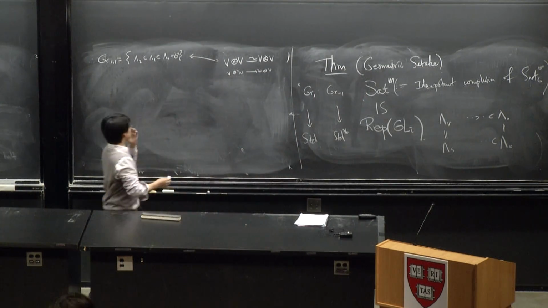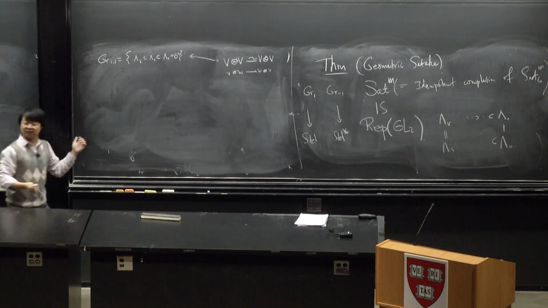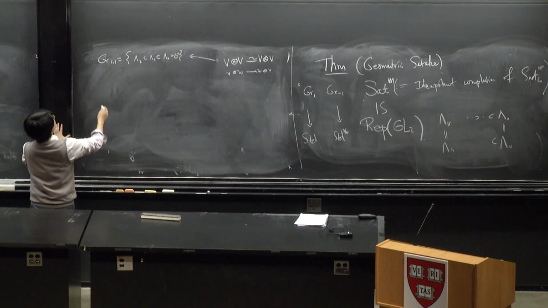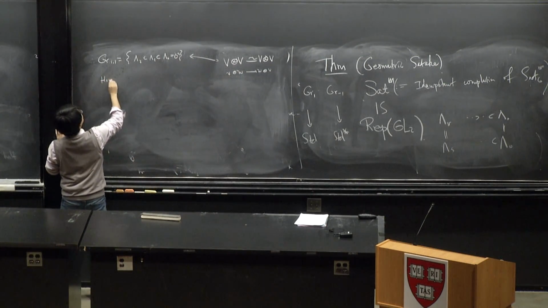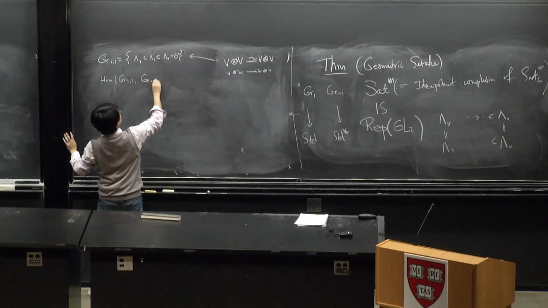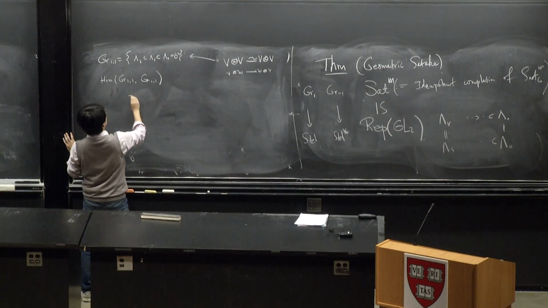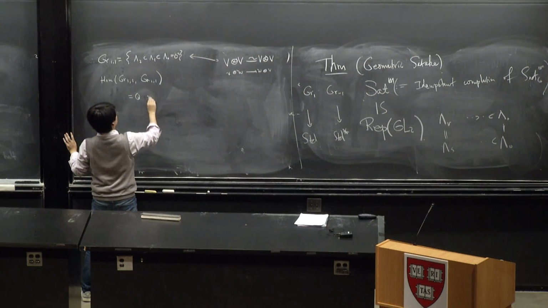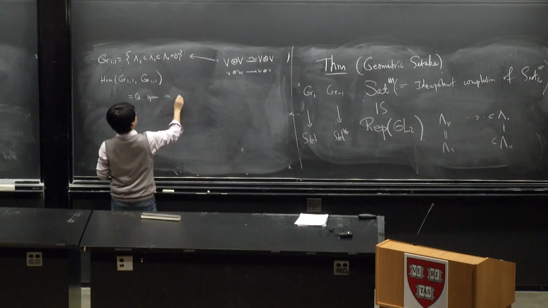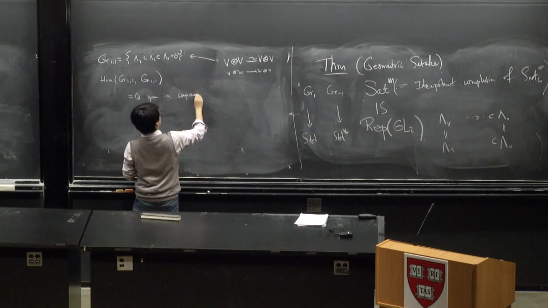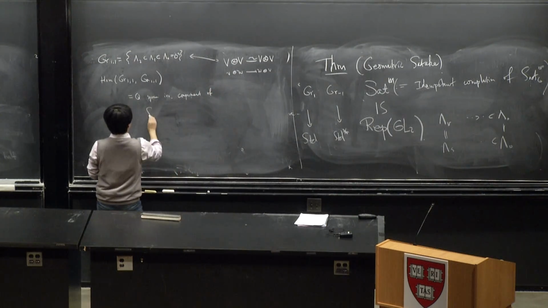of this object in this category. It's not going to be the identity map, because we know here it's not the identity map. So what is it? By definition, Hom of G11, G11 is a Q-span of irreducible components of the following variety.